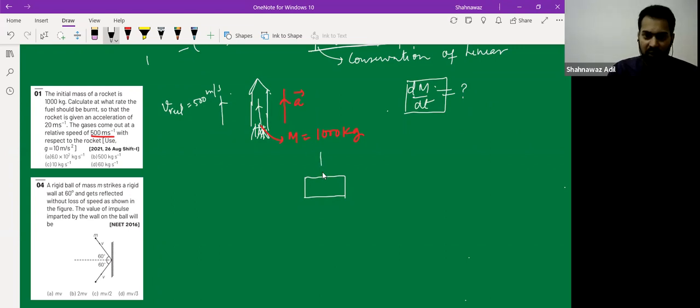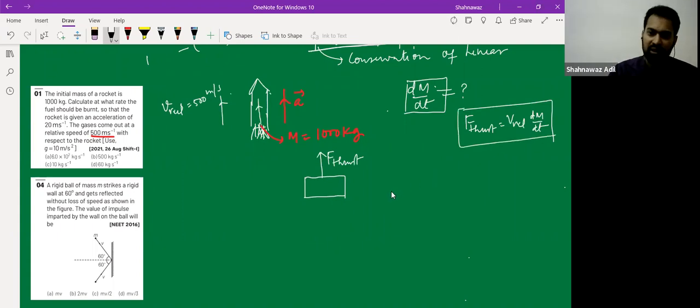So one force is thrust force, which equals what we have calculated, V relative times dm by dt, right? And what are the other forces? Iram, what is the second one?